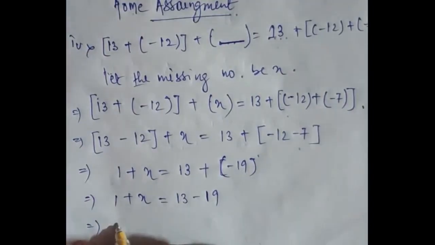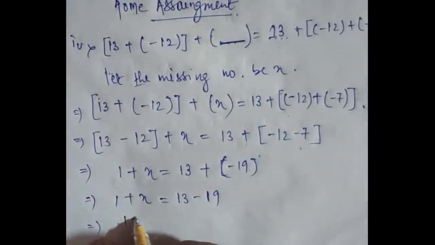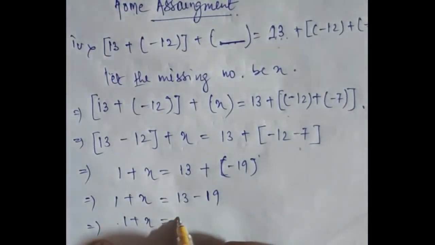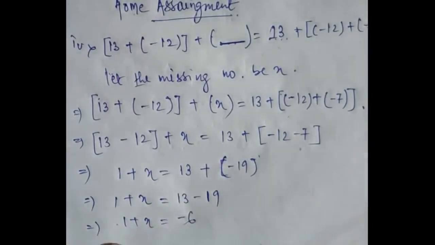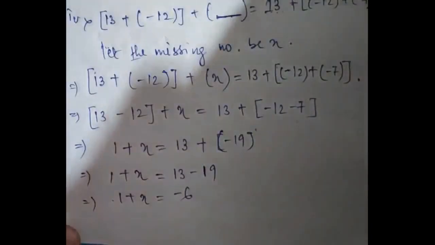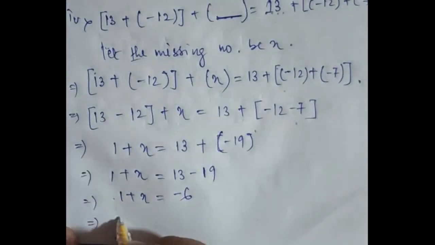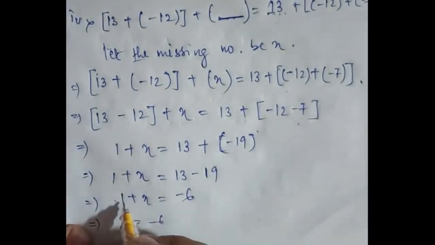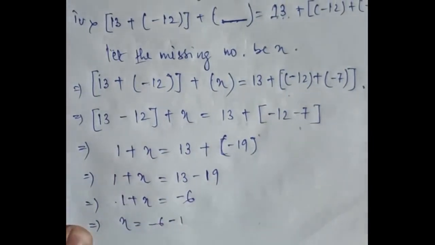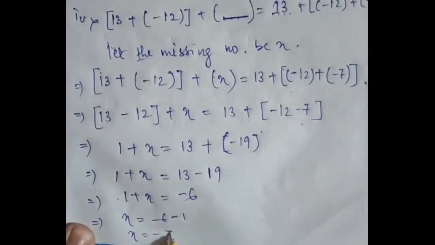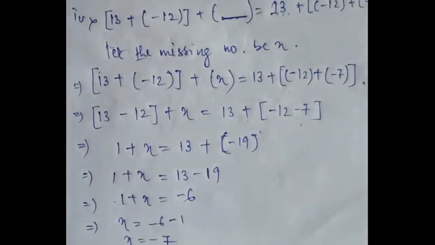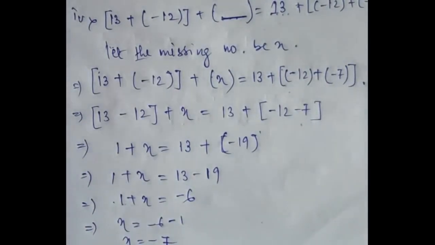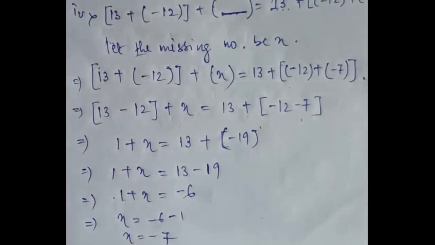So 1 plus x is equal to 13 minus 19 is minus 6, right? So x is equal to minus 6. He has to cross this boundary, so minus 1 it will be. X is equal to minus 7. Okay, so in the missing number we will be putting minus 7.